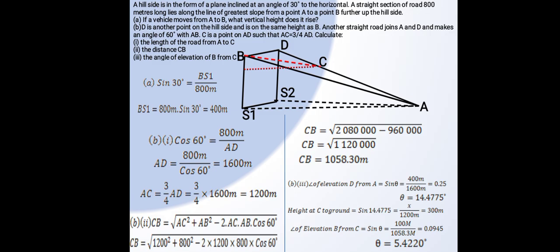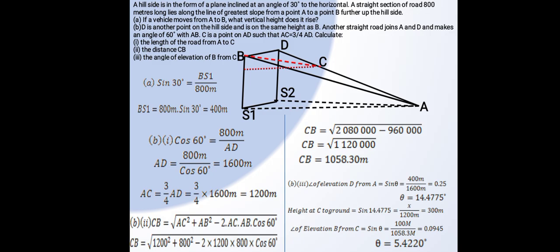So we use the sine rule, and we get the distance from C to the ground is 300 meters. Now it means the vertical distance between B and C is 100 meters.